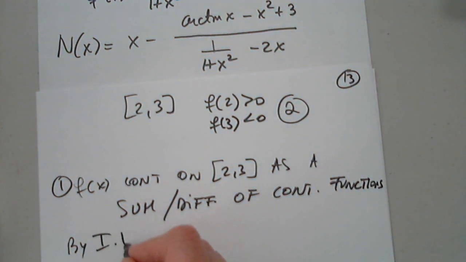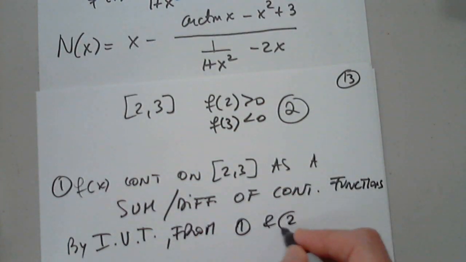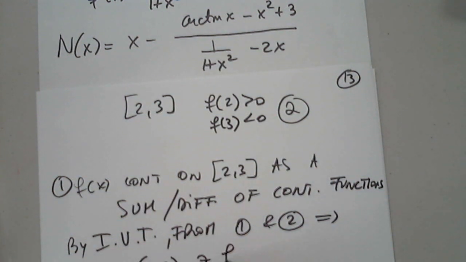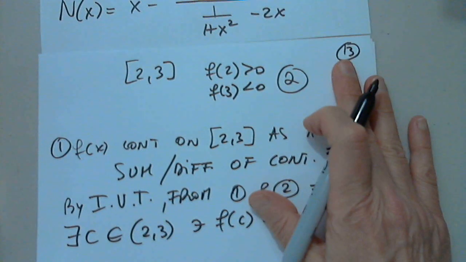By IVT, not MVT, from 1 and 2, I will find a C in the open interval 2, 3 such that f of C is 0. There is no derivative here in IVT. Okay.